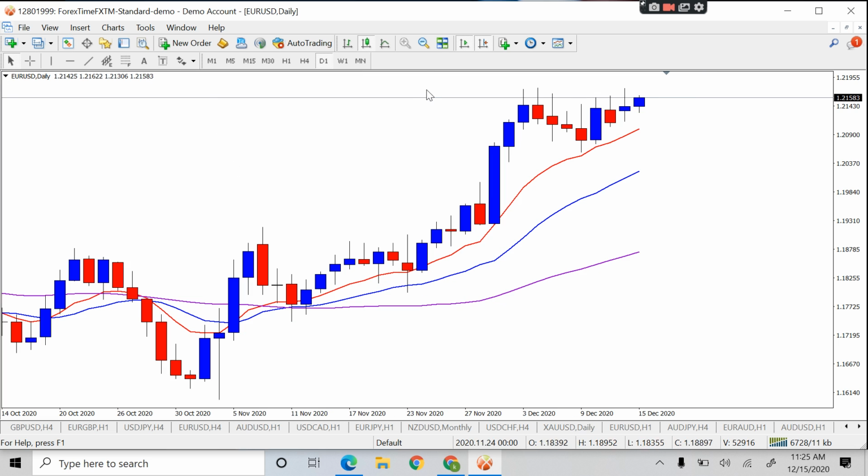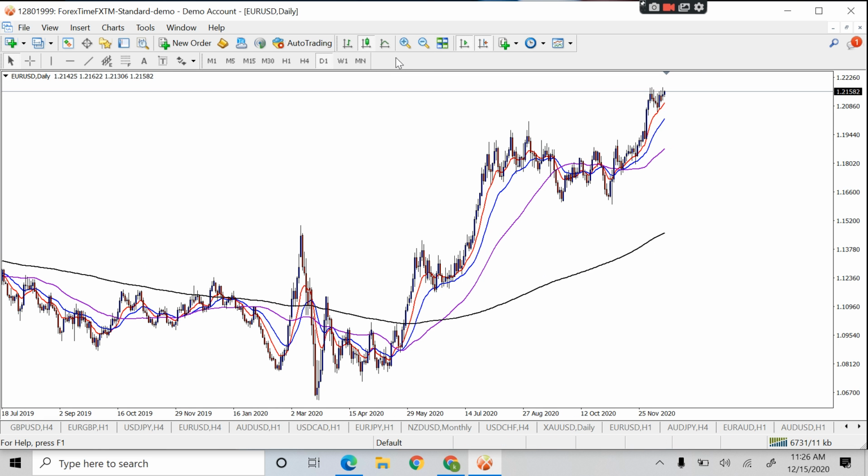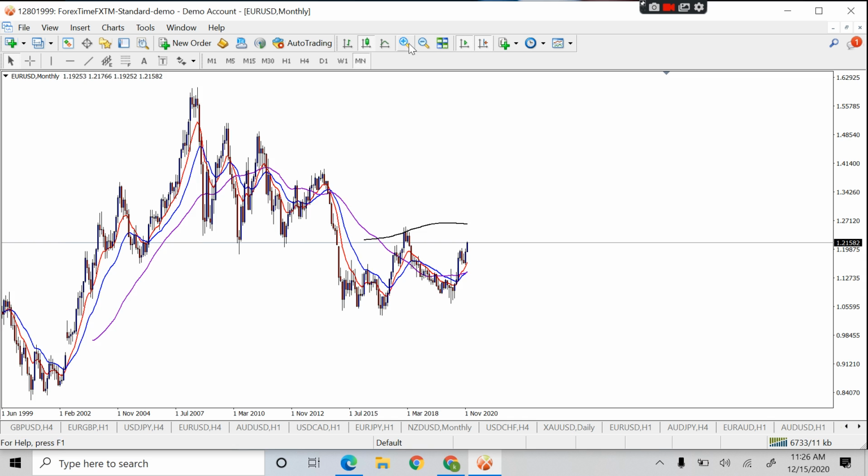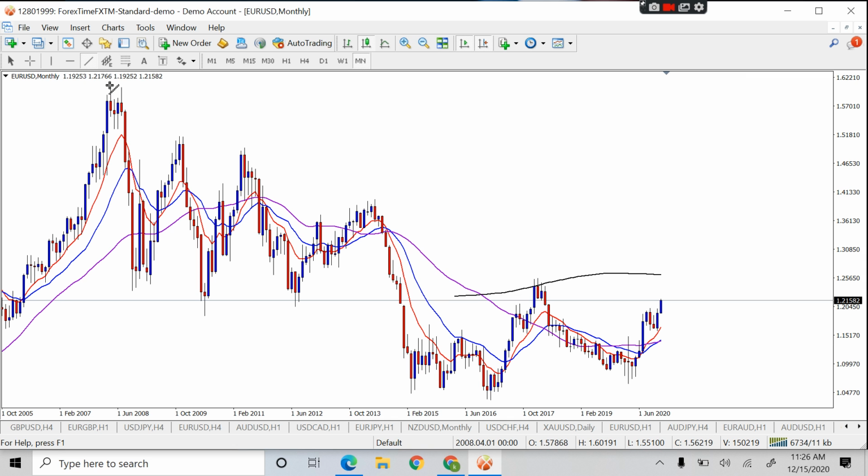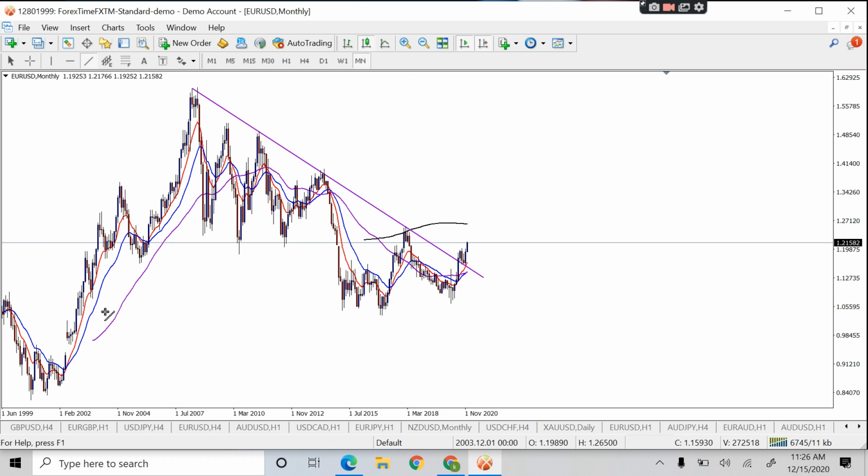Okay, so just for us to be reminded, I'm going to monthly again, and I'm going to draw a descending trend line. Now that descending trend line, let me minimize again.